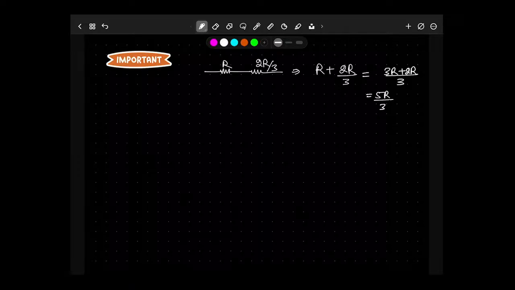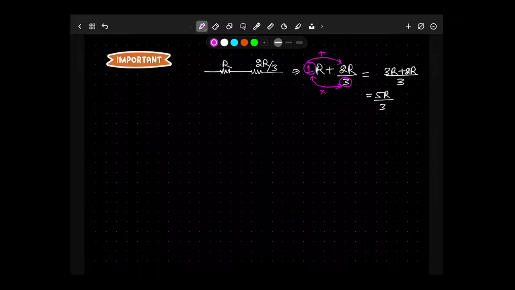Now, I have a better way to do this question. And the better way is that you should multiply, notice very carefully, this 3 with the coefficient of this R, that is 1. Multiply these two and add this 2.